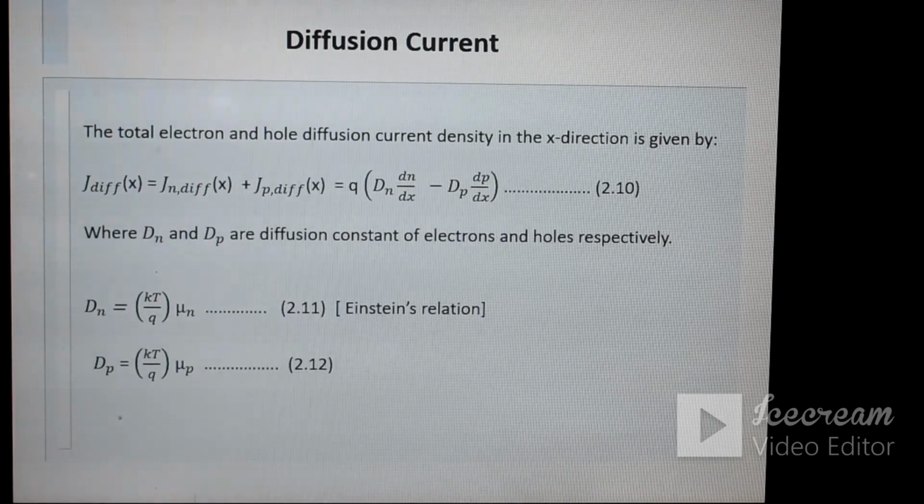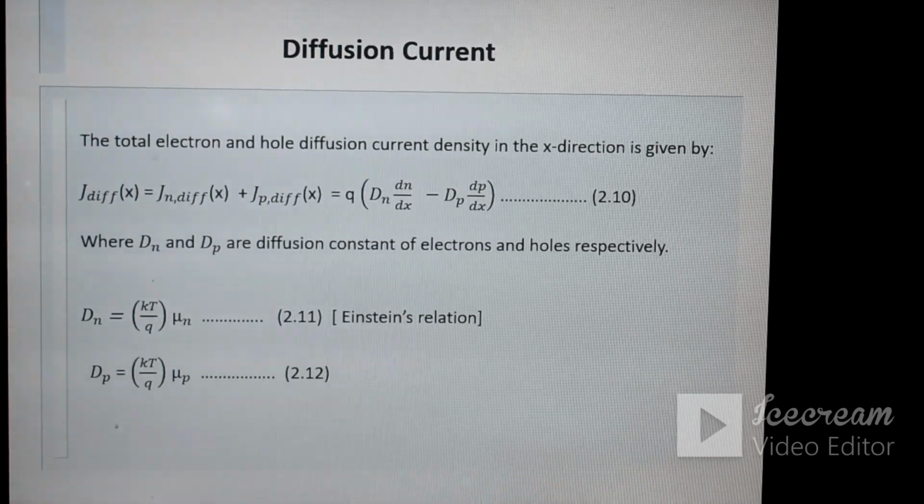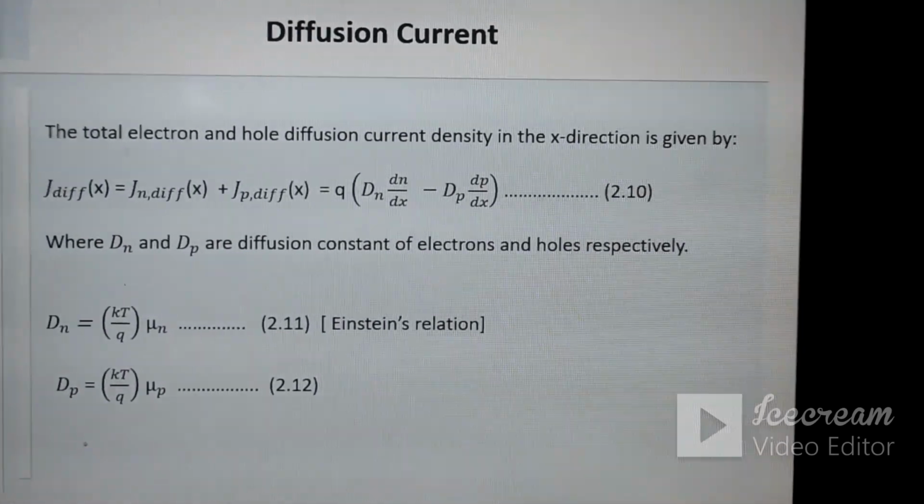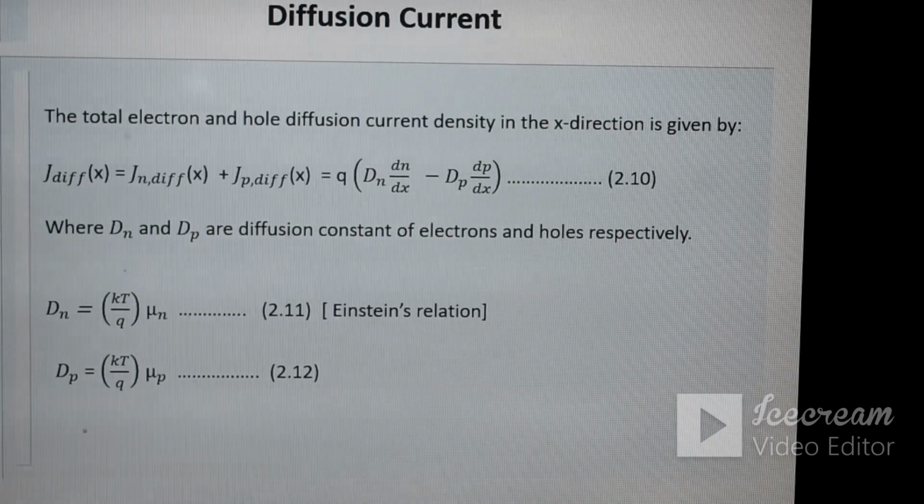Diffusion current. Exactly the same way, Fick's law is applicable. Using this Fick's law, the total electron and hole diffusion current density in the X direction is given by equation 2.10.